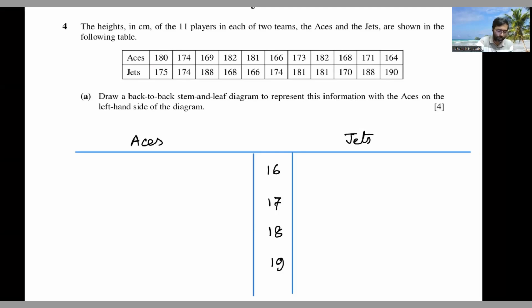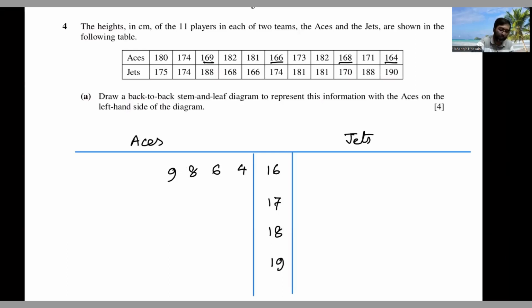Now find the leaves in the 16 stem for Aces. There are four leaves: 166, 168, 164, 169. Remember, the smallest leaves are closer to the stem and larger leaves are furthest from the stem. So the leaves are 4, 6, 8, 9.